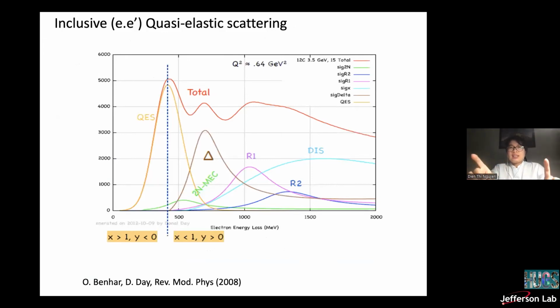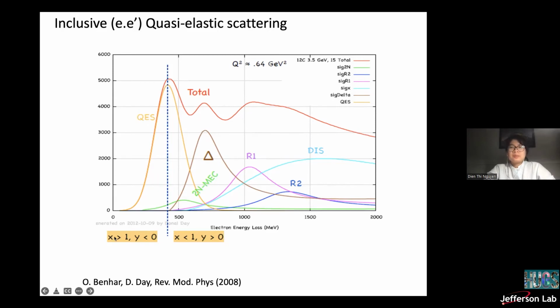Because X, Q square and the other variables have some correlation with each other, right? We want a high Q square, but we also need X bigger than 1 for SRC. Q square is one condition, and X bigger than 1 means that we stay in this area of the quasi-elastic to avoid the messy background. So both Q square and X need to go together. It's not just the Q square condition. Does that make sense, Erin?